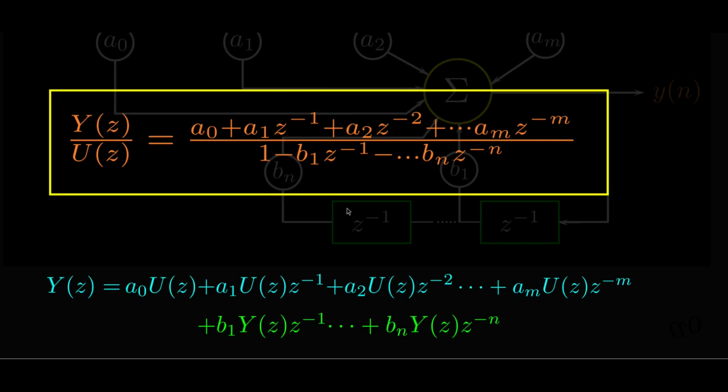Consider the transfer function of this IIR filter. So you see that there is a numerator polynomial in Z to the power of minus 1 and a denominator polynomial in Z to the power of minus 1. You can simplify this and bring it to pole zero form.